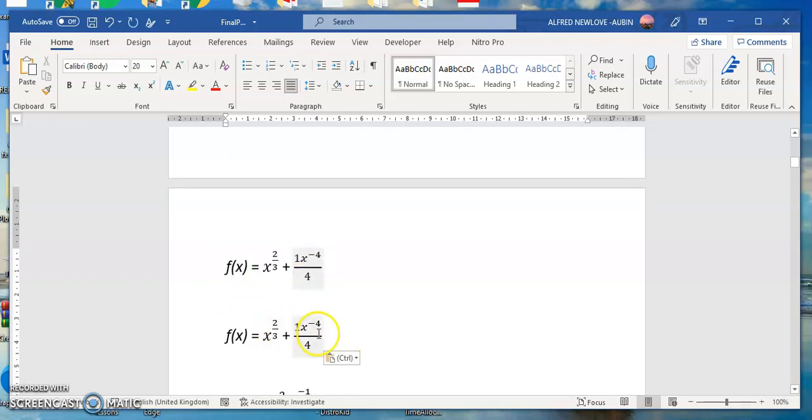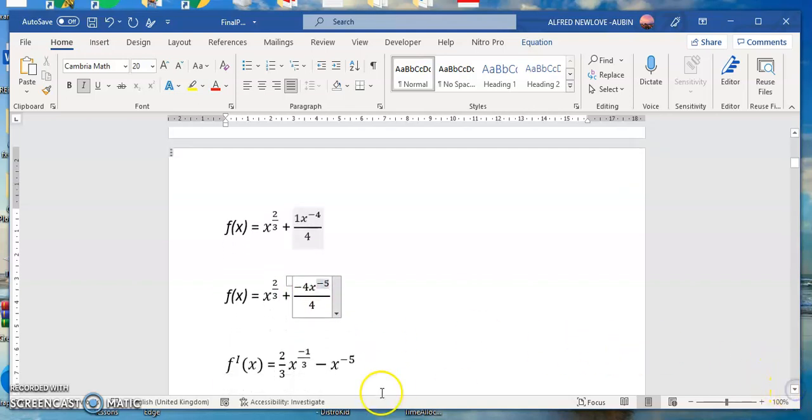This will remain as it is, but this side is going to be like this, because the negative 4 will multiply the 1, so it's going to give you negative 4. Then this side is going to be negative 4 minus 1, which is negative 5. And negative 4 divided by 4 is going to give you negative 1. So you see that plus times negative is going to give you minus. So this 4 will cancel each other, so you are going to have this one.